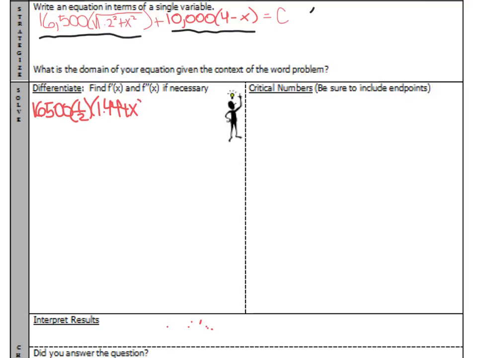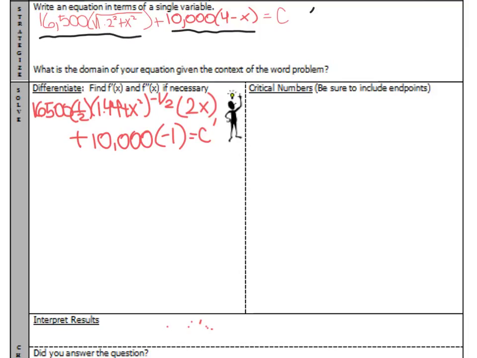But we're subtracting 1, so now it's the negative 1/2. And don't forget the chain rule, so it's times 2x, which is in the inside. Now we're going to add that to 10,000 times the derivative of the inside, which is a negative 1. And this will be our derivative of cost.